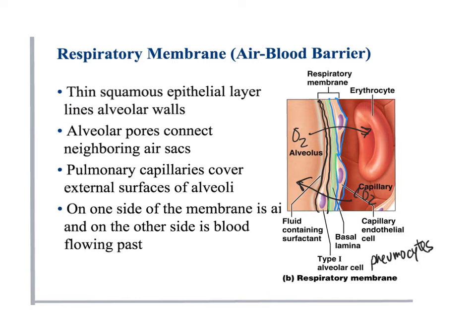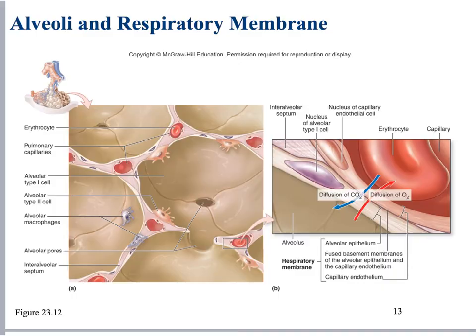So if we have type 1 pneumocytes, what are you expecting? It's like when you're writing an outline: if you put down one section A, you have to have at least a B. There's probably another type of pneumocyte, and we'll get to that in a second.